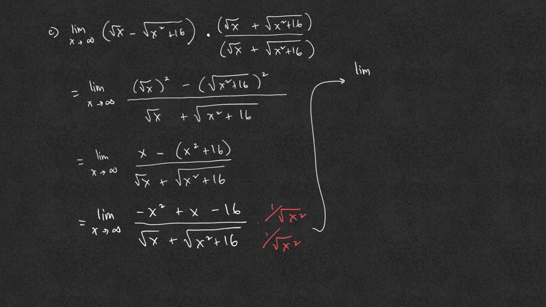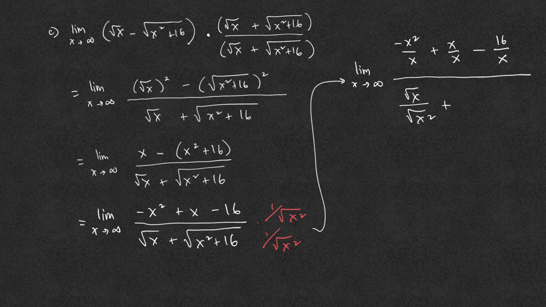Notice that in the numerator, the square root of x squared is simply x, and so we would have negative x squared over x plus x over x minus 16 over x. And in the denominator, we have the square root of x over the square root of x squared plus the square root of (x squared plus 16) over the square root of x squared.